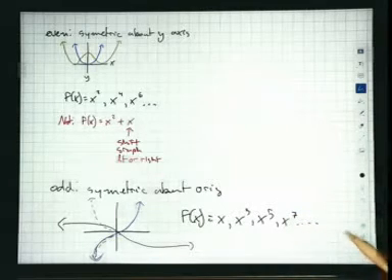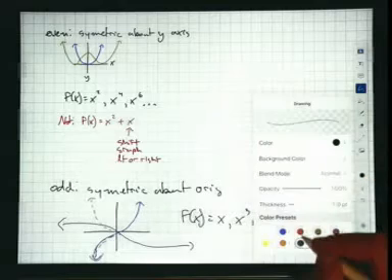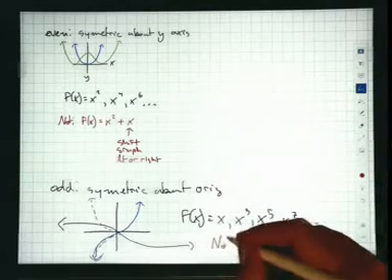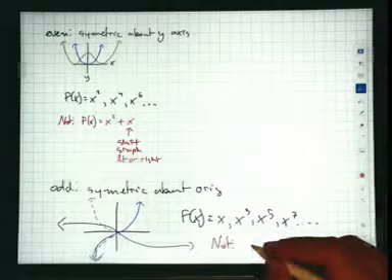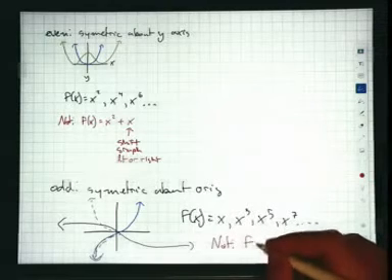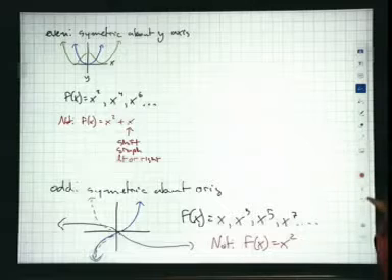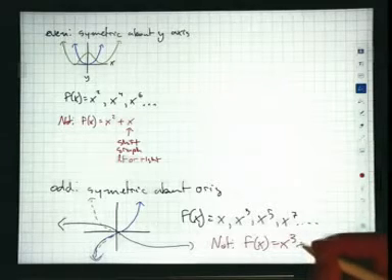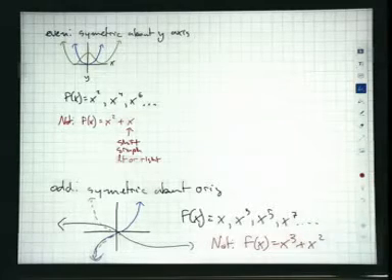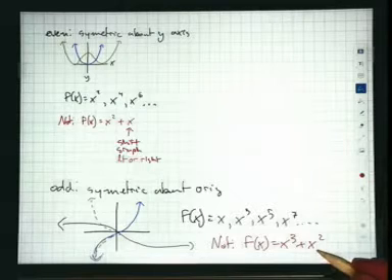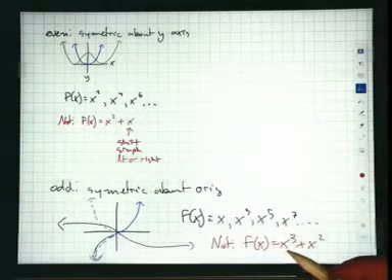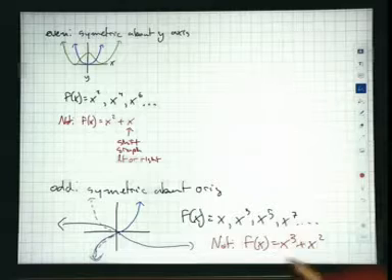Notice that they have odd exponents. Something that's not would be f of x is equal to x to the third plus an x squared. So that plus x squared is going to have a change on the symmetry of this initial function.